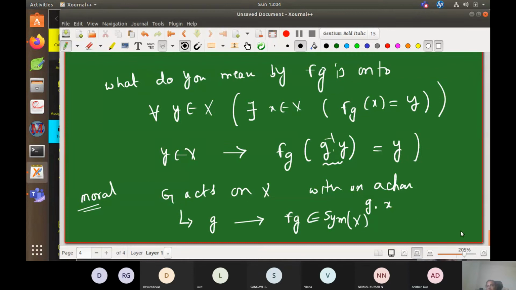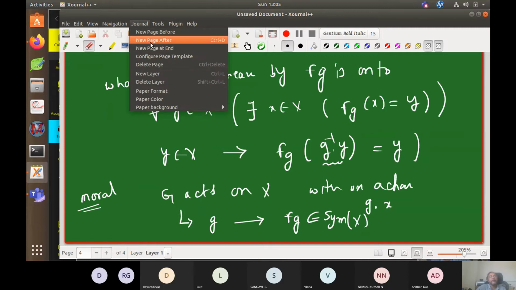So once I know that G is a group acting on a set X, then for each element G I am getting an element in the symmetric group of X, right?